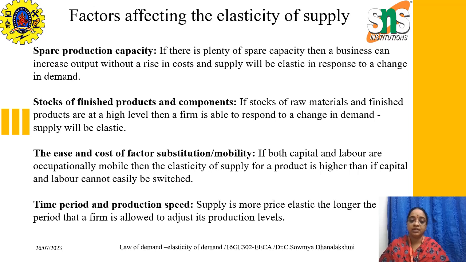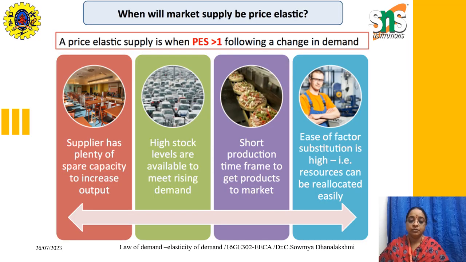Factors affecting the elasticity of supply are spare production capacity, stocks of finished products and components, the ease and cost of factor substitution, and the time period and production speed. When will market supply be price elastic? A price elastic supply is when PES is greater than 1 following a change in demand. The supplier has plenty of spare capacity to increase output.